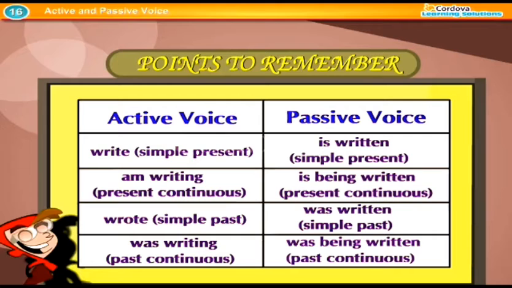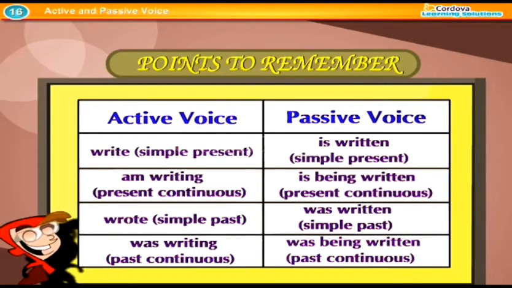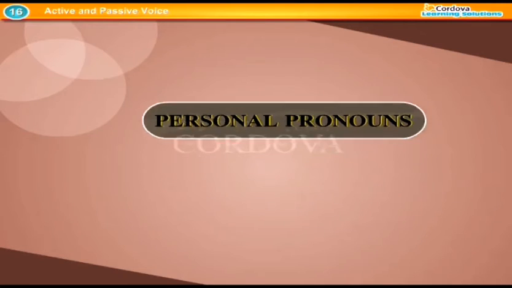Passive voice, is being written, present continuous. Active voice, wrote, simple past. Passive voice, was written, simple past. Active voice, was writing, past continuous. Passive voice, was being written, past continuous.